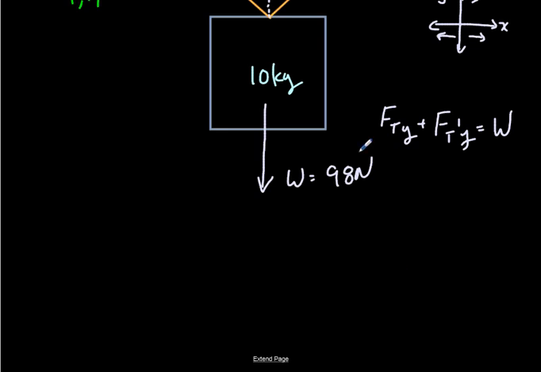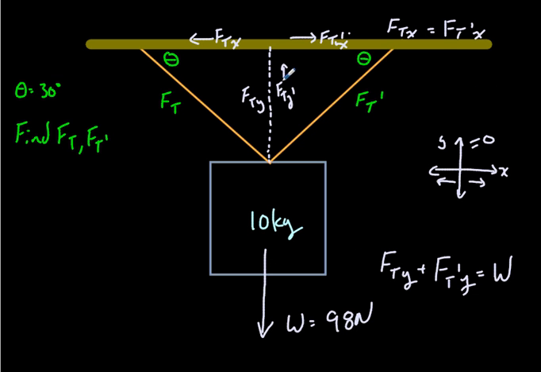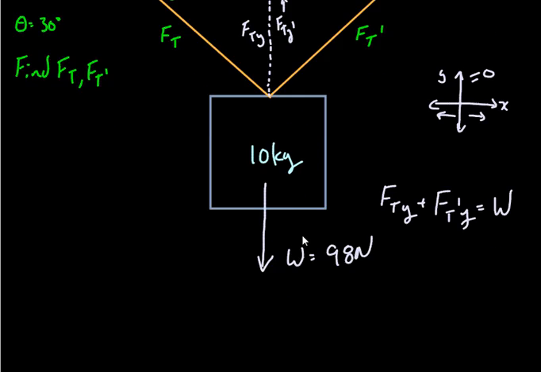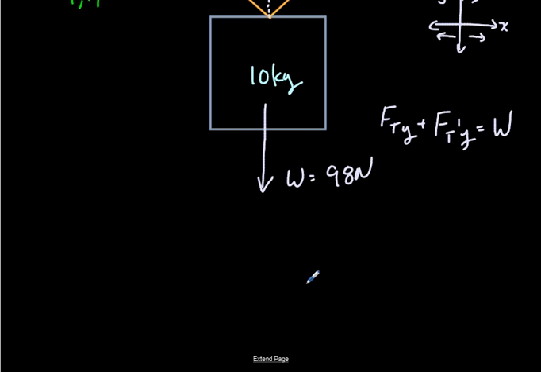And now from before, we said that if there were two upward ropes lifting this thing, they would share the load equally. So that same concept applies here. Each of these Ftys shares exactly half of the value. So this is actually quite a straightforward problem. What we can do is just look at one side.